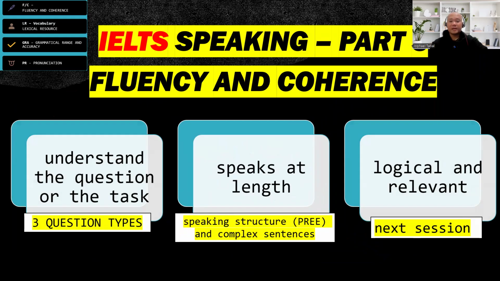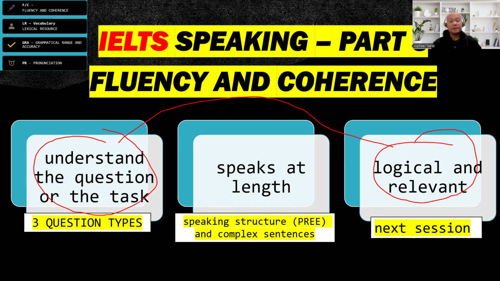If we review the last session, the candidate can only make the answer logical and relevant if he or she understands the question or the task. So as you can see, there is a relevance or connection between the first criteria and the third one, which is making the answer logical and relevant. Again, to make the answer logical and relevant, the candidate must understand the question or the task.